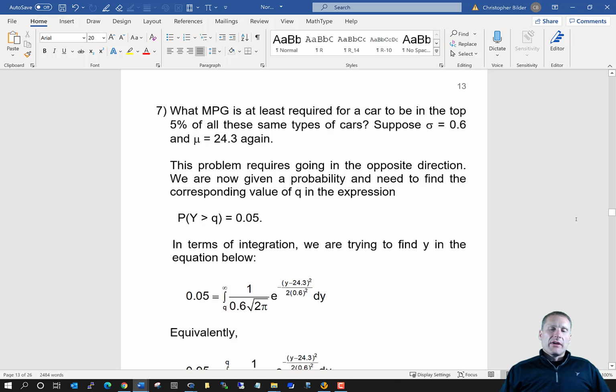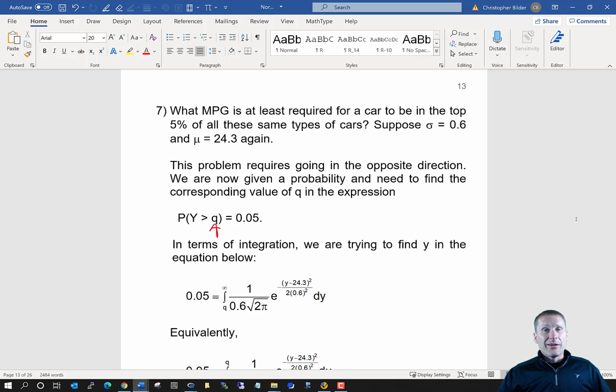Now let's change things up. What miles per gallon is at least required for a car to be in, let's say, the top 5% of all these types of cars? In other words, I want to find the value Q here such that the probability y is greater than Q is equal to 0.05.